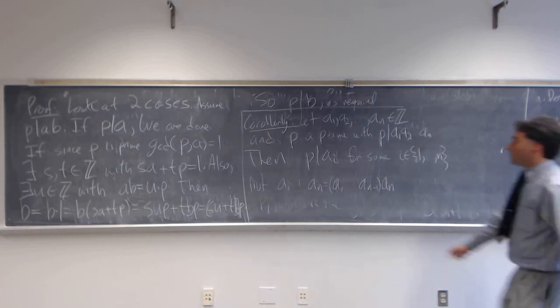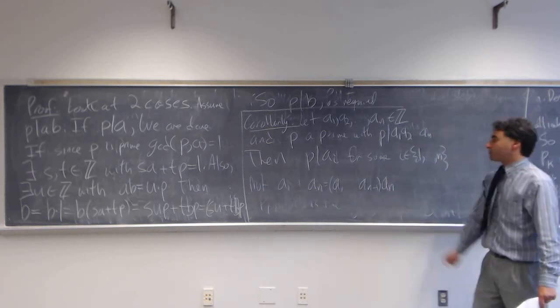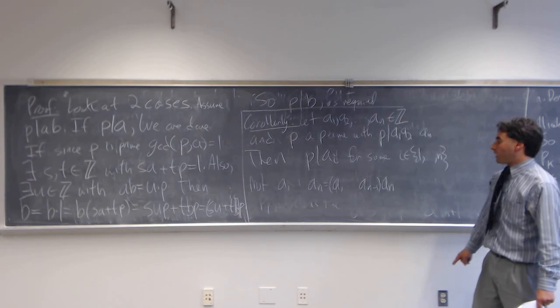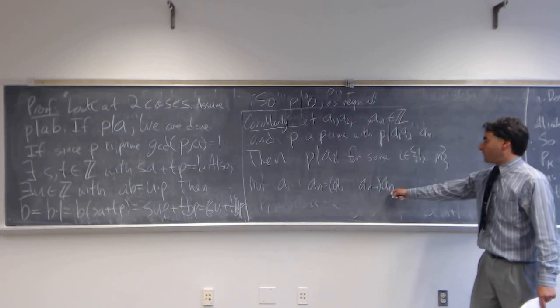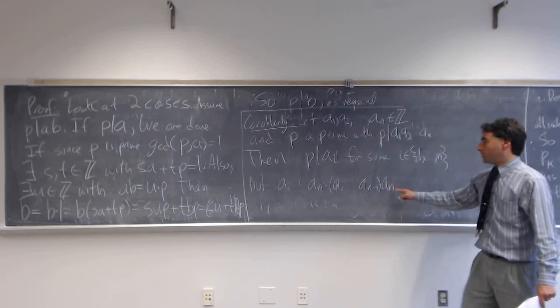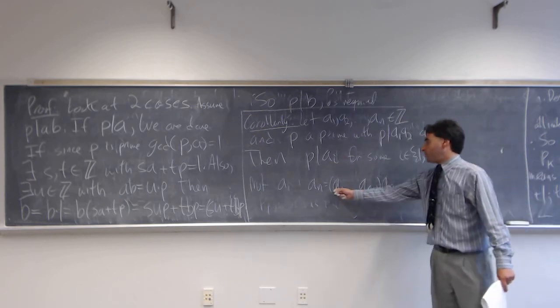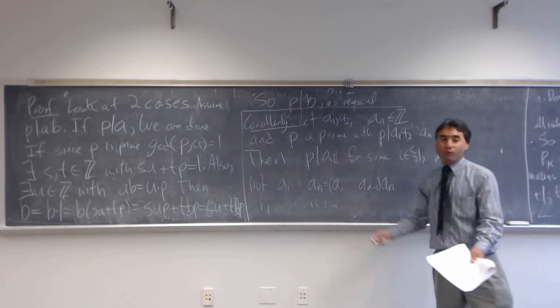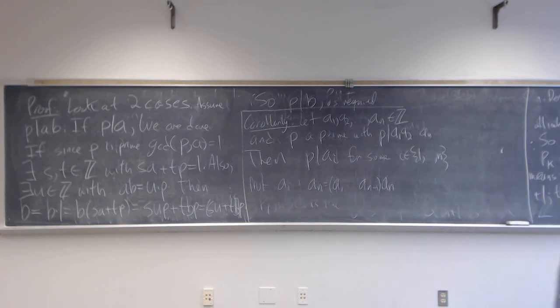You can think of this whole number as your A and this is your B. If P divides AN, well, that would meet the conclusion. If not, by Euclid's lemma, P divides this product up to N minus 1. But that's tailor-made for the inductive hypothesis, which we can then conclude P must divide one of A1, A2 up through AN minus 1.